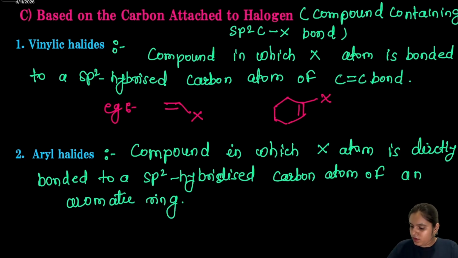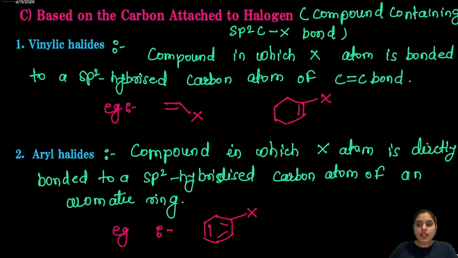So the example of aryl halide is in an aromatic ring, where the halogen is directly attached to an sp2 hybridized carbon atom. This is another example. Okay. Means that the halogen atom is directly attached to an sp2 hybridized carbon atom.